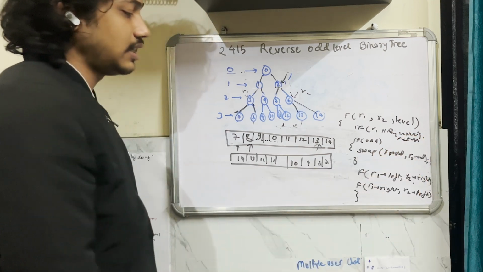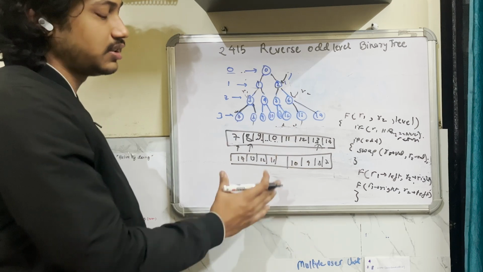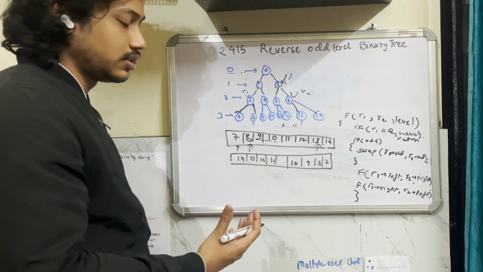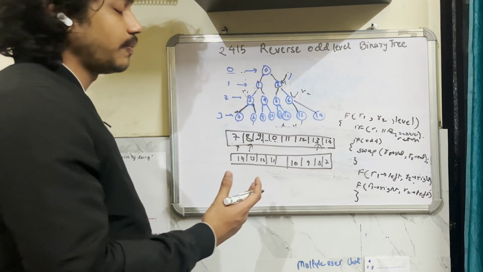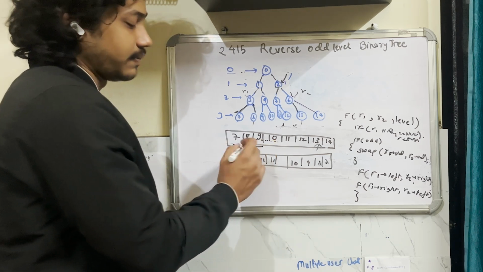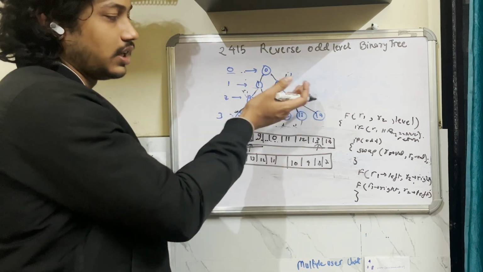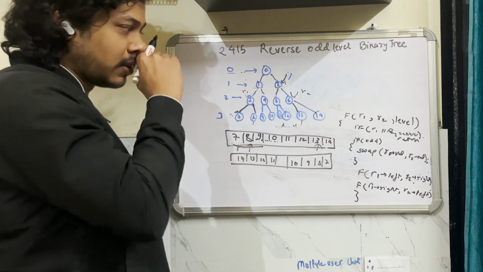I hope you understand. I won't prefer that you mug up this solution. I'd suggest you see the zigzag traversal, then try to relate it with the array. Whenever there is a level order traversal on left and right, there is always BFS involved.